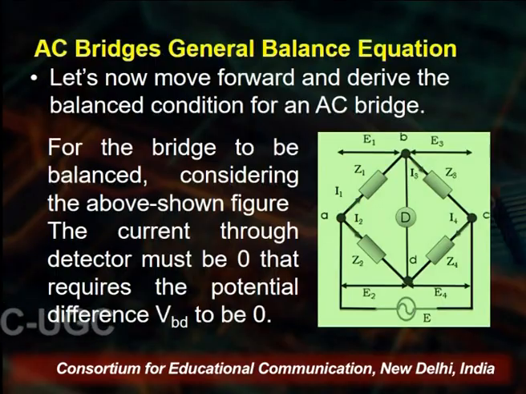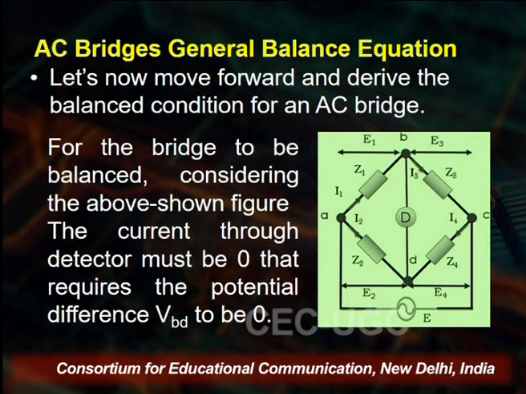Let us now move forward and derive the balance condition for the AC bridge. Now for the bridge to be balanced, this is the bridge on the right hand side, and we have to balance this. Considering the figure shown, four impedances Z1, Z2, Z3, Z4 are connected.